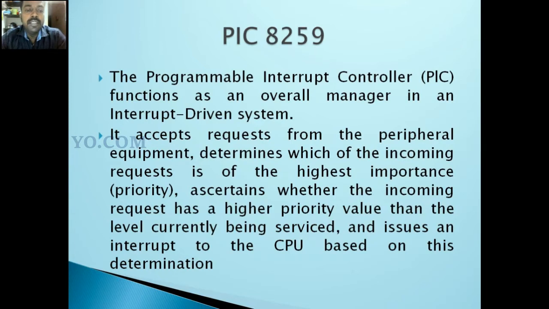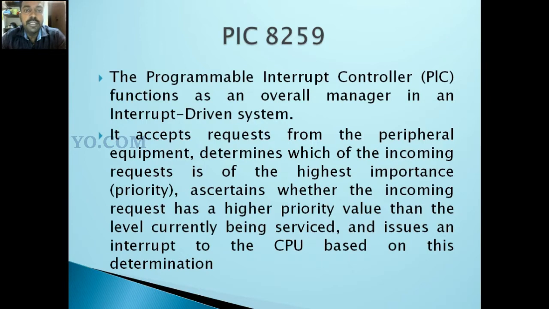A single 8259 can accept 8 interrupts, so we can connect 8 different interrupts. Interrupt means a request coming from an external peripheral device to request the execution of some program by the external device.